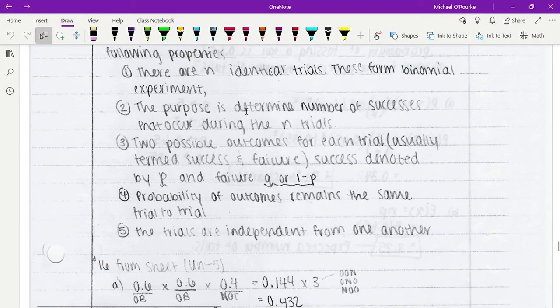The purpose is to determine the success that has occurred. There are only two possible outcomes for each trial. The outcomes don't have to be equal, as in a coin flip, but there are only two possible outcomes. So success is noted by P.